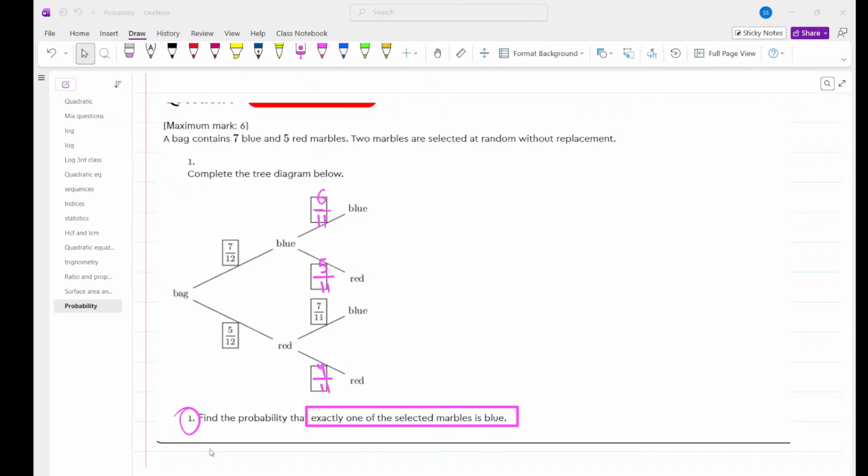Okay, so wait, hold on. 5/12 times 4/11 plus the probability of getting two blues, so 7/12 times 6/11.